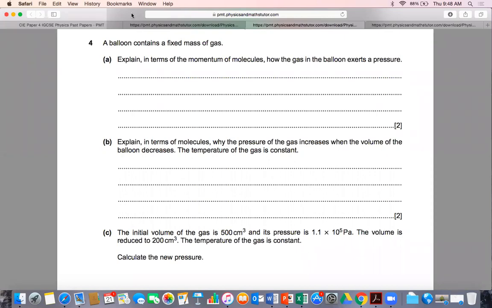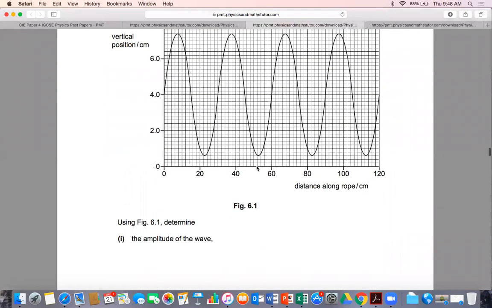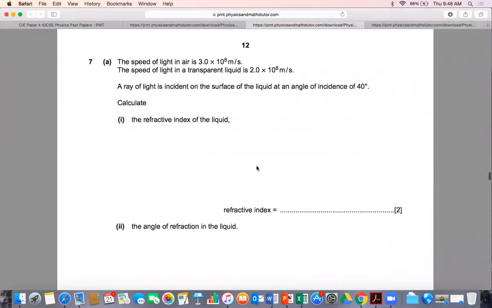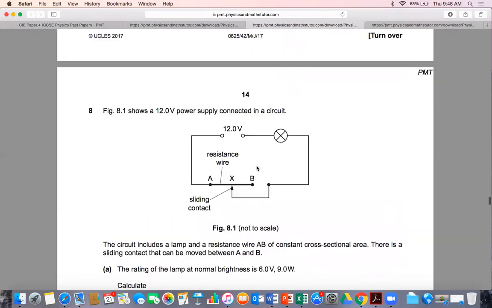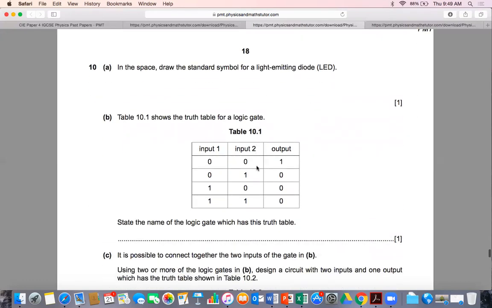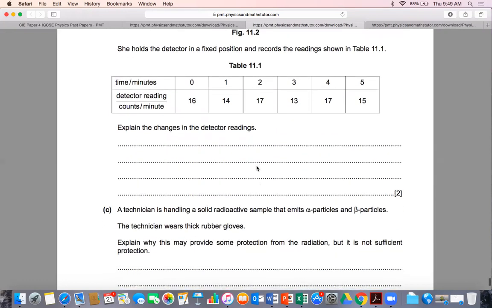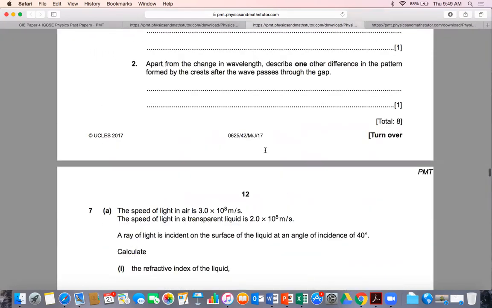Okay, anyone else still doing? I think for this paper, the rest you cannot do yet, I mean, not covered yet.